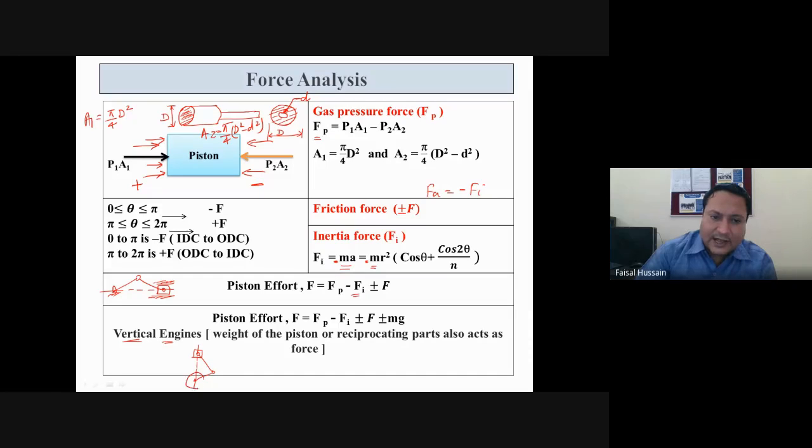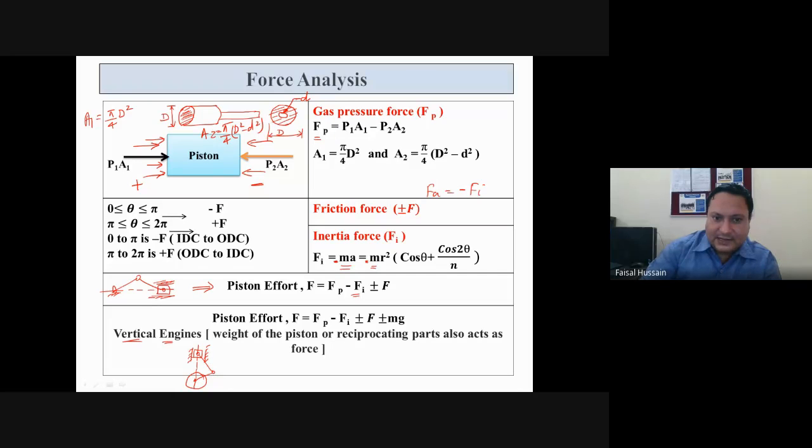This is the vertical setup. In a vertical setup, the weight comes into the picture. Which weight? The weight of the piston or reciprocating parts also comes into the picture. That's why, for a vertical arrangement, this is the equation.